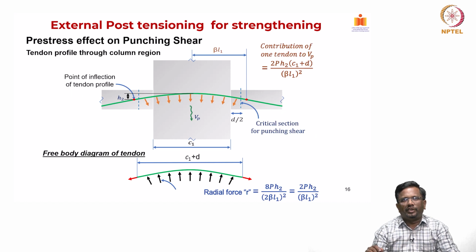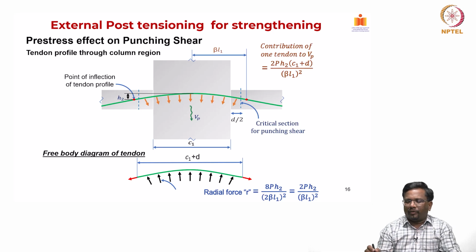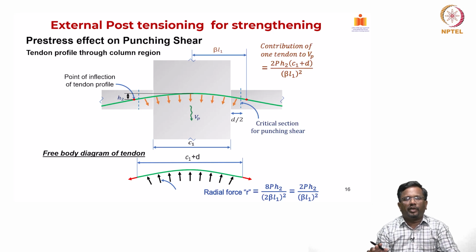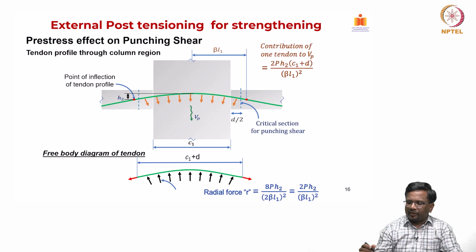So, you can see here there is a reverse parabola, and if you just look at the free body diagram of the cable, to keep the cable profile, because of the pre-stressing force that I apply, the radial force that is going to be generated is nothing but 8 P H by (2 beta L1) the whole squared.